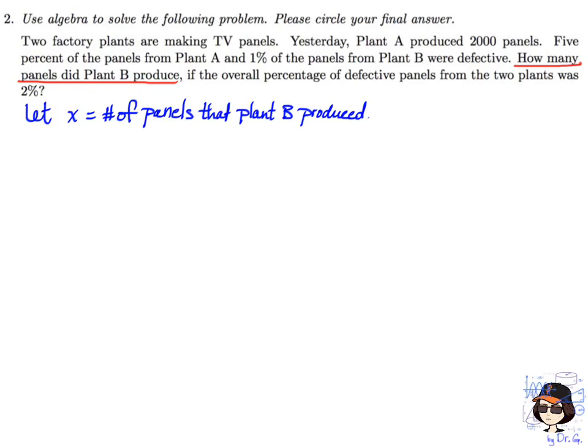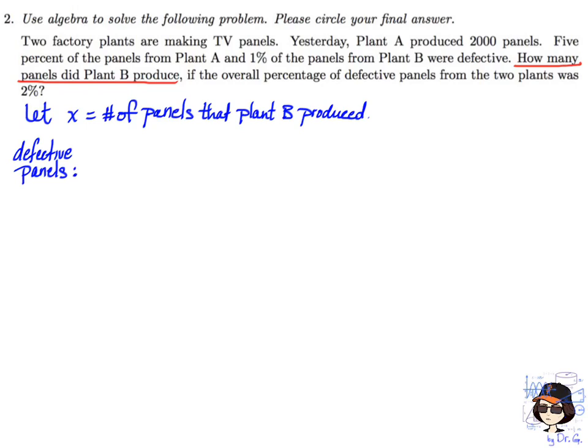Okay, so now the next step is to set up some kind of equation. So let's reread and see what information we can use. It says at the end, if the overall percentage of defective panels from the 2 plants was 2%. So let's set up an equation that represents the number of defective panels in 2 different ways.